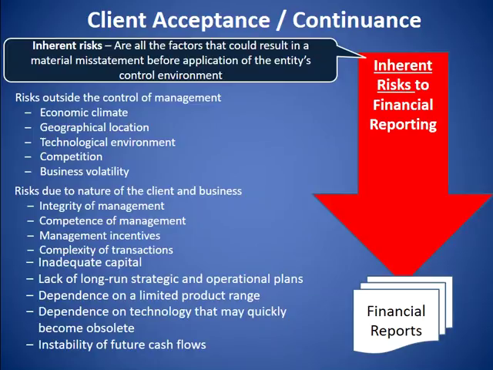Also, besides risks outside the control of management, there is risk due to the nature of the client and the business. Again, the integrity of management, and I'll treat these separately. The integrity of management is not only executive management, but lower level management or upper level, those charged with governance. If those people tend to be fast and loose or have ethical issues, those ethical issues are probably going to cause risks in financial reporting.